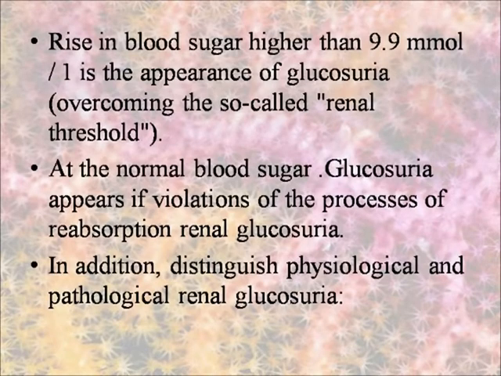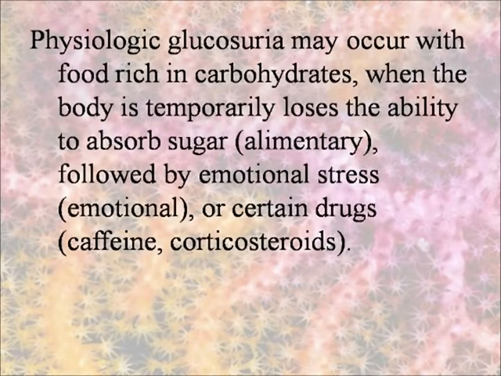In addition, distinguish physiological and pathological renal glucosuria. Physiologic glucosuria may occur with food rich in carbohydrates when the body temporarily loses the ability to absorb sugar, followed by emotional stress, or certain drugs, caffeine, corticosteroids.